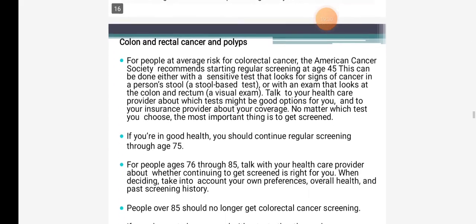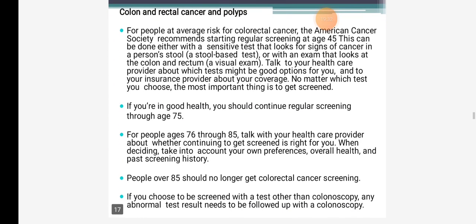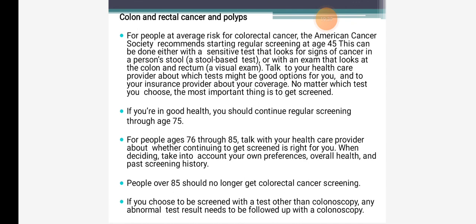Next is colon and rectal cancer and polyps. For people at average risk for colorectal cancer, the American Cancer Society recommends starting regular screening at the age of 45. It can be done either with a sensitive test that looks for signs of cancer in a person's stool, called a stool-based test, or with an examination that looks at the colon and rectum, that is a visual examination by proctoscope.